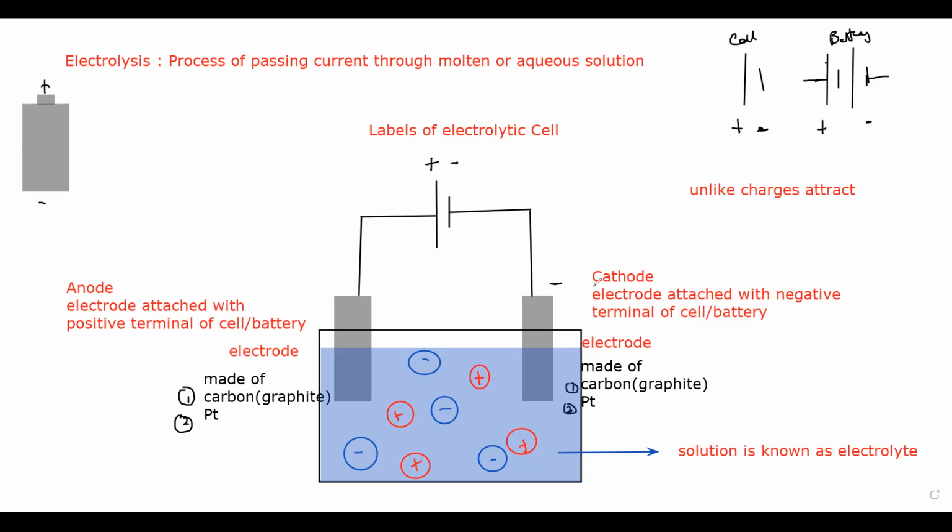The cathode is a negative plate and the anode is a positive plate because it is connected to positive. So the negative terminal of the battery, the cathode which is connected with the negative terminal of the battery, will attract the positive ions. So we will observe the positive ions tend to move towards the cathode.